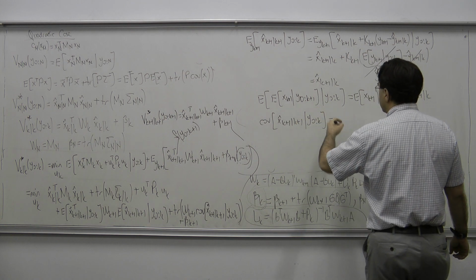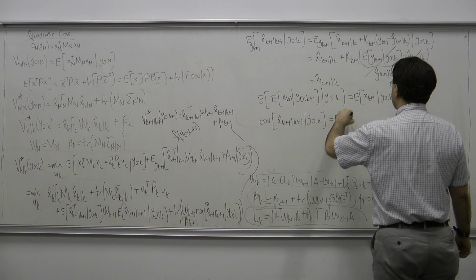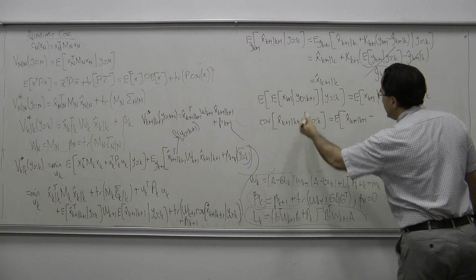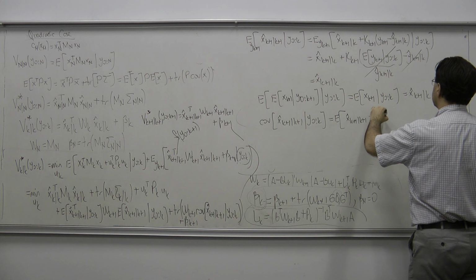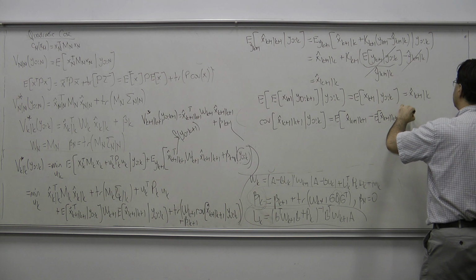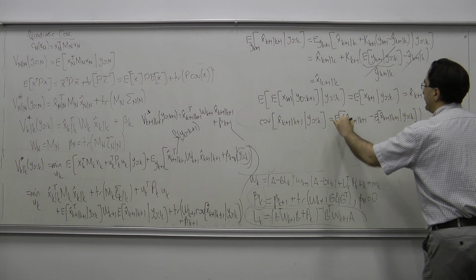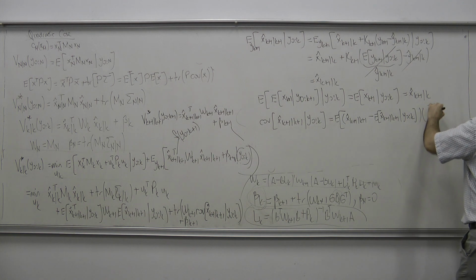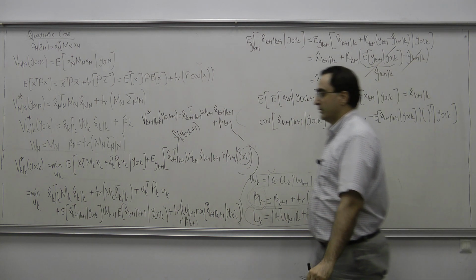This is nothing but the expected value of x at k+1 given k+1 minus the mean of the same thing, the expected value of x at k+1 given k+1 given y0:k, and I would take this into parentheses and multiply it with its transpose, and then I take its expectation with respect to y0:k.